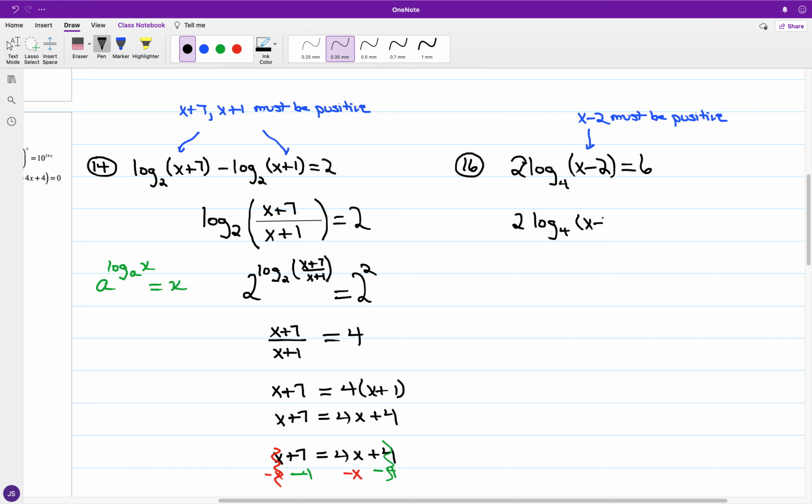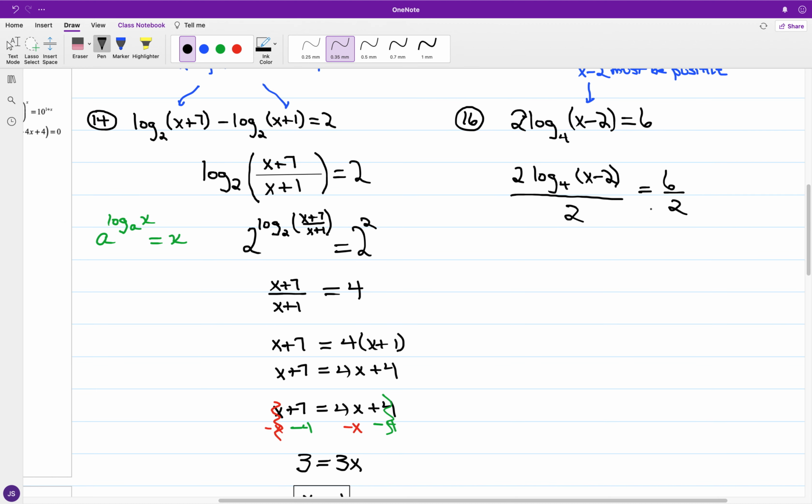Looking at what we have, dividing by 2, this problem becomes a little bit simplified, where I have the base 4 logarithm of the quantity x minus 2 is equal to 3.